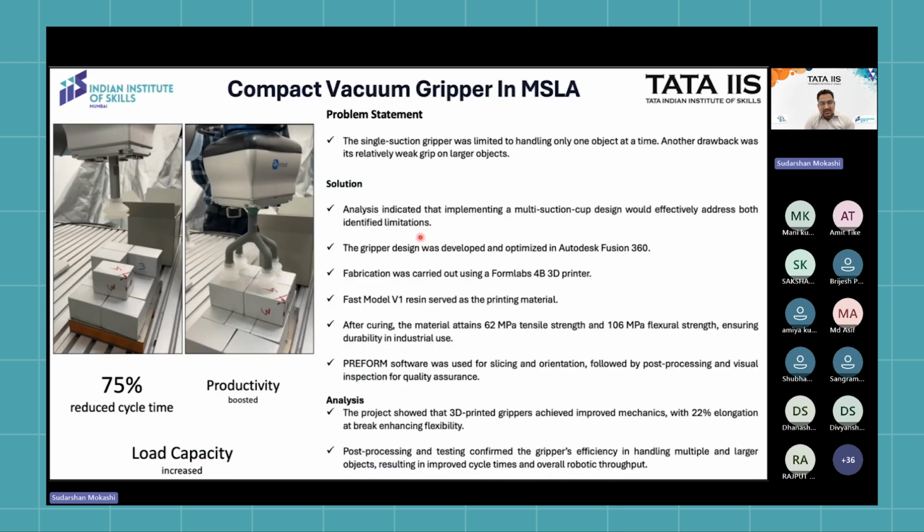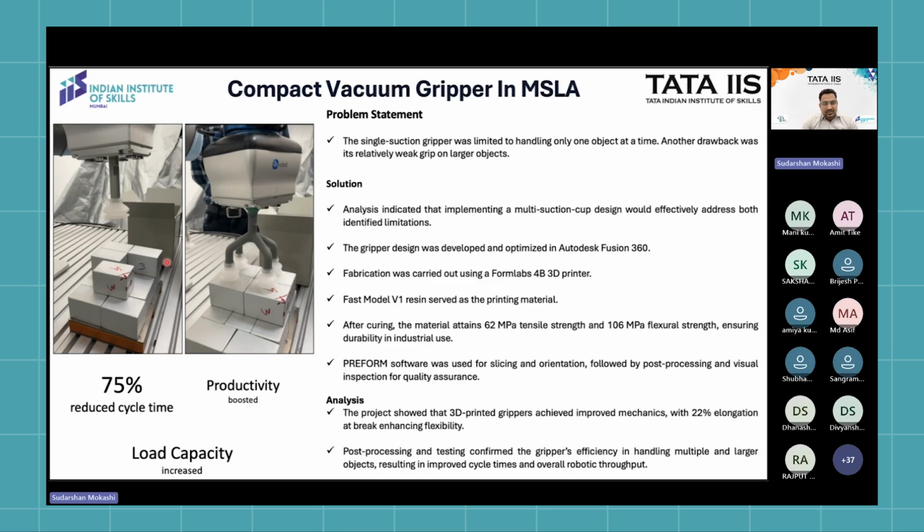So this is our internal case study. Our trainee did this part design and the 3D printing. This is a compact vacuum gripper, which is used to lift the cubes, as you see in the image on the left side. Earlier there was a single vacuum gripper which lifted only one cube at a time.